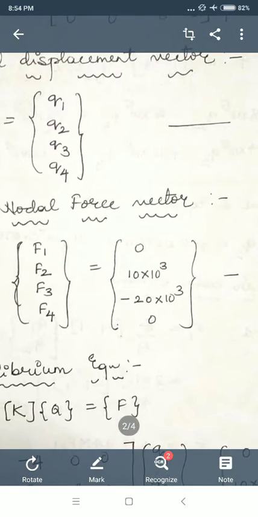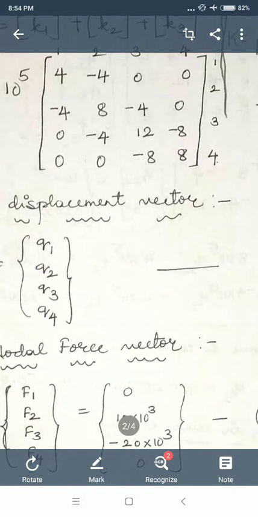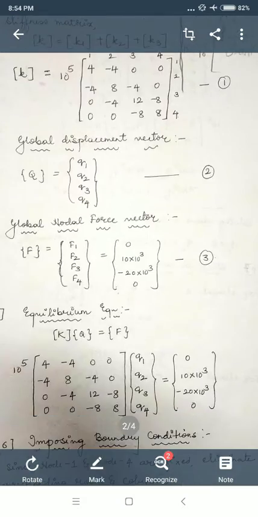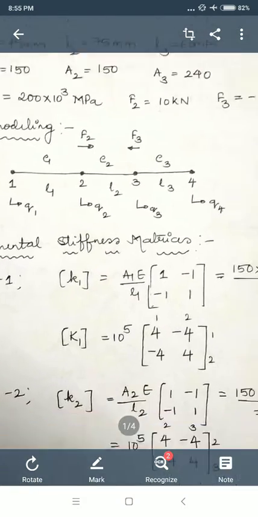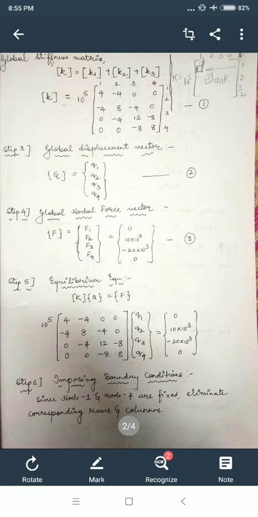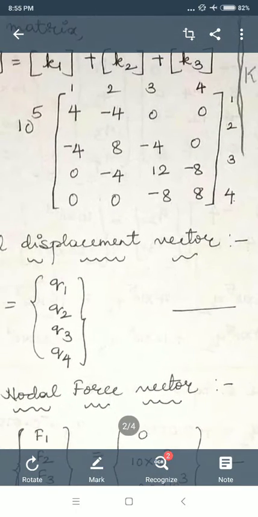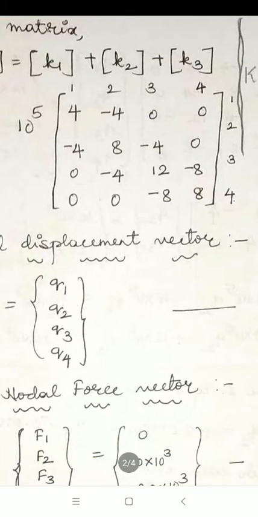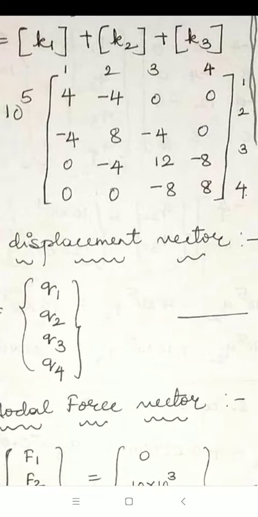Next, in the row, second element, column 2, row 1, I have written there minus 4. You can check there. In stiffness matrix 1, column 2, row 1, in that place minus 4 is there. That's why I have written here minus 4. Similarly, you have to go on writing all the values. Next is column 3, row 1.